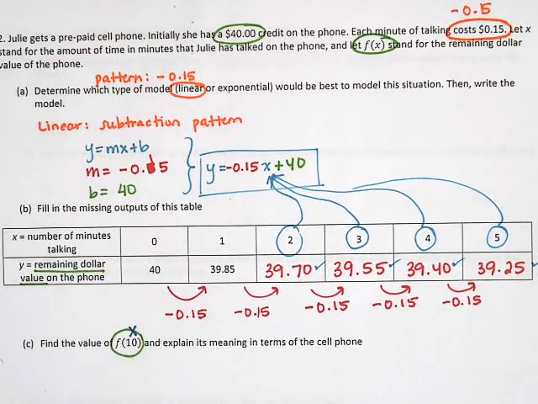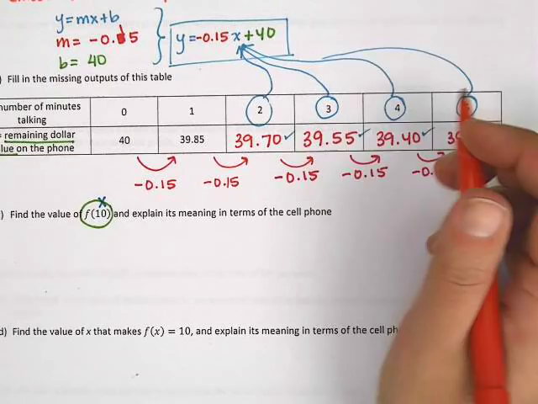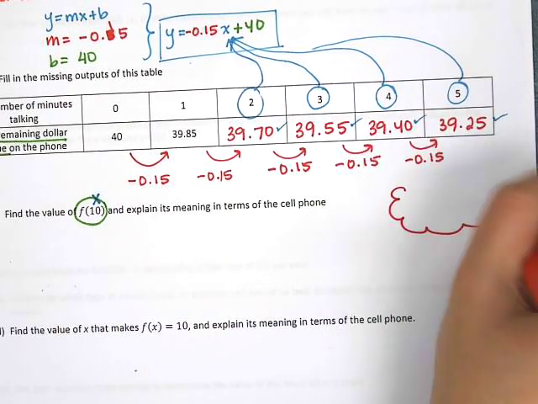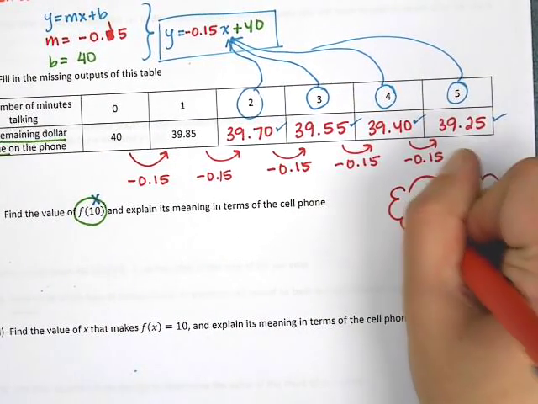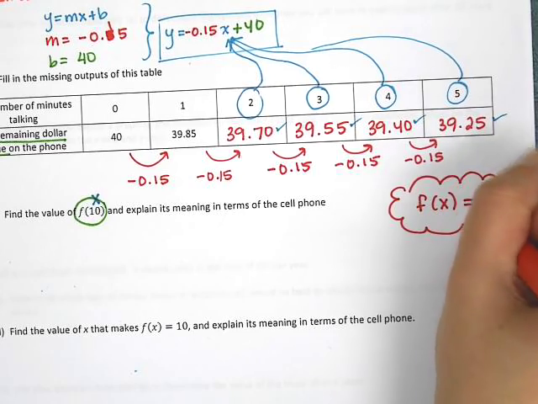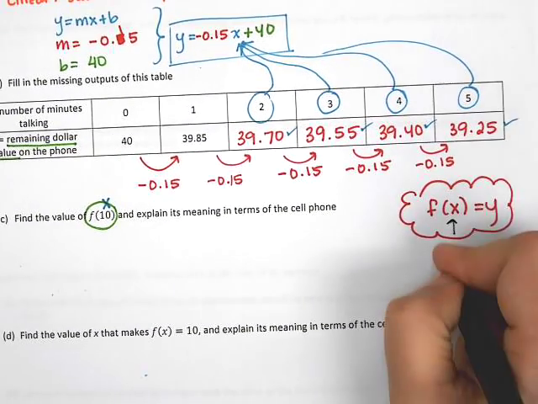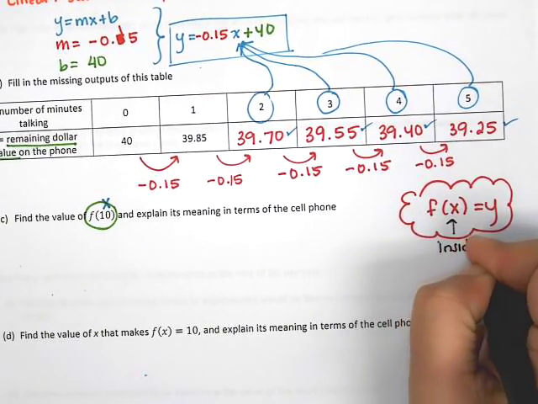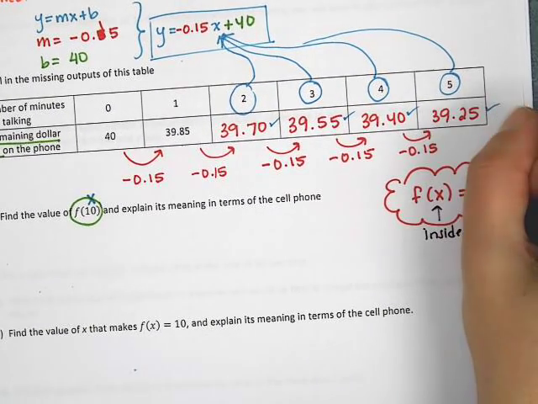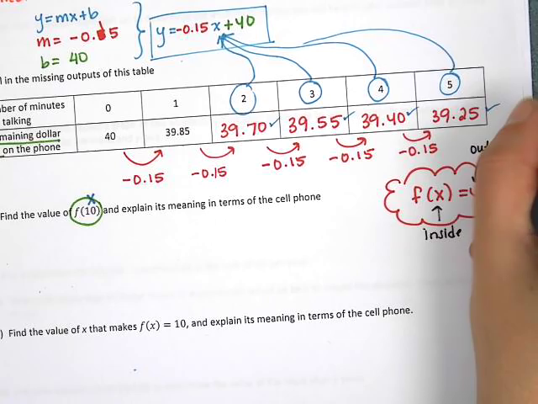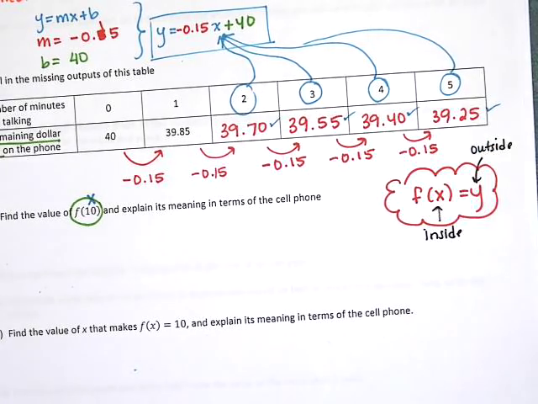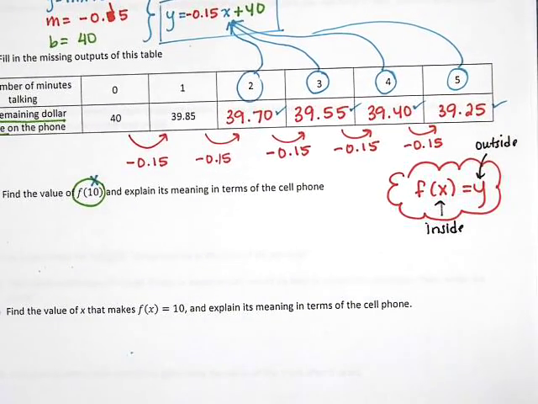And we need to sort of make a note to remember our function notation. So on the side, you might want to write f of x equals y. The x values are always inside of the parentheses in function notation, and the y values are always outside of the equal sign in function notation. So that 10 must be an x value.